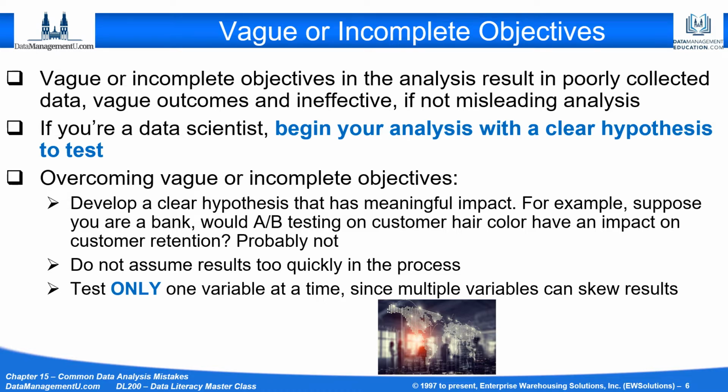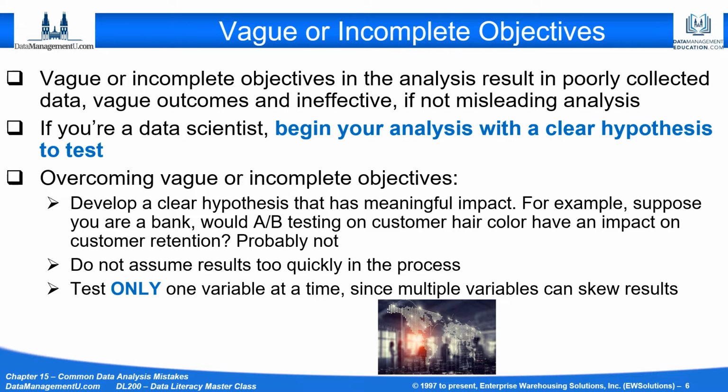has a meaningful impact. So let me give you an example of one that does not. Suppose you're a financial institution and you're going to do some A and B testing. So you're going to have a control group, then a test group. And you're going to do it on consumer hair color and its impact on customer retention. Is this really going to provide a positive impact to your bank or financial institution?